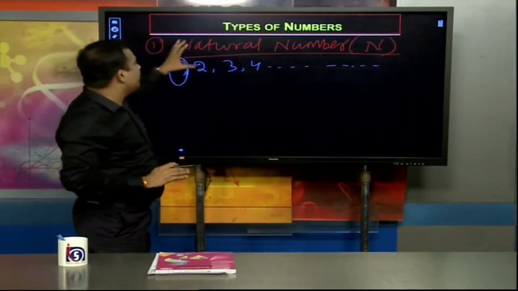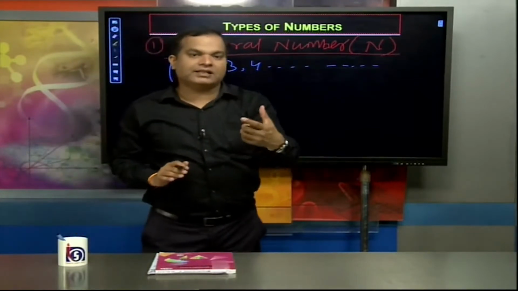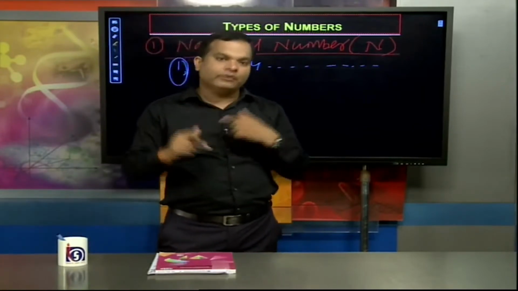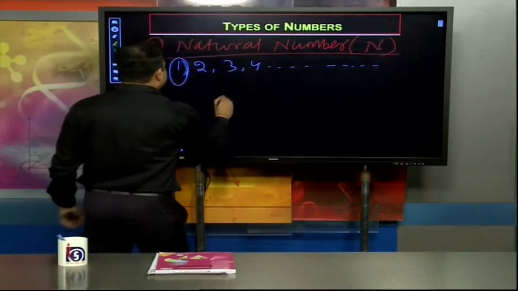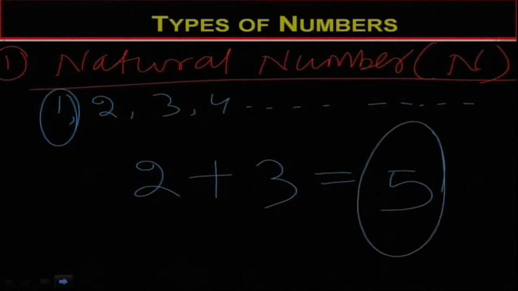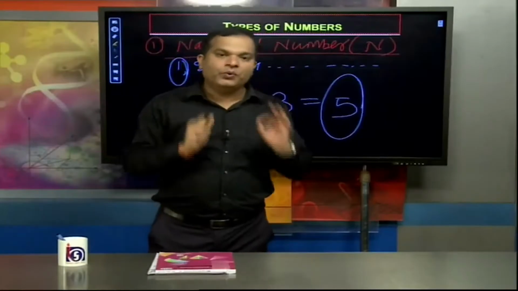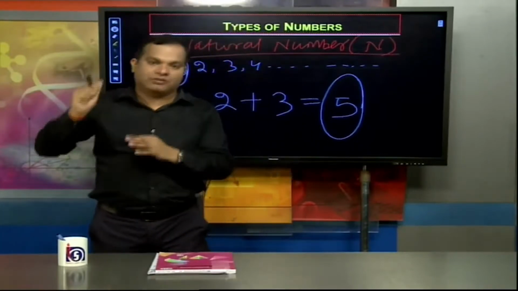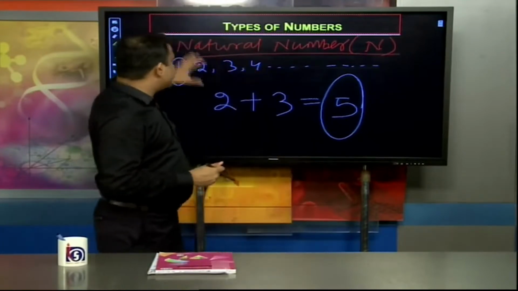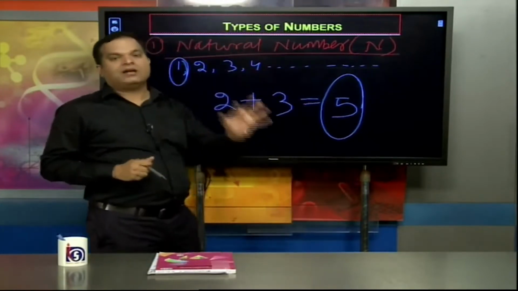One more thing about natural numbers: when we add any two natural numbers, suppose 2 is a natural number and we add 3, another natural number, then we get 5. 2 plus 3 equals 5, which is also a natural number. So the addition of two natural numbers is always a natural number. This is universally accepted. But in the case of subtraction, the result may or may not be a natural number.